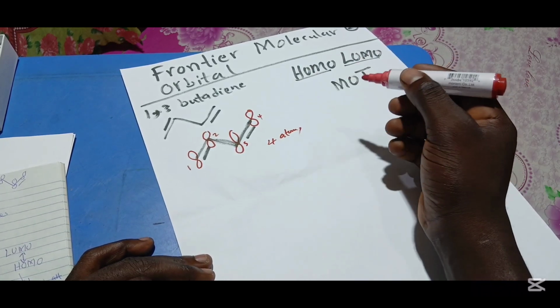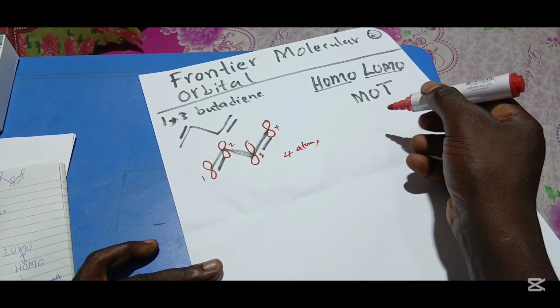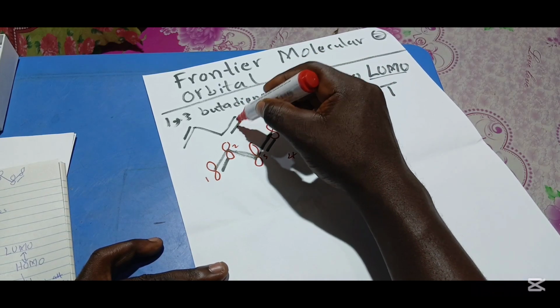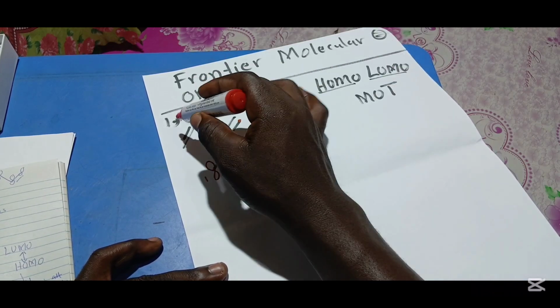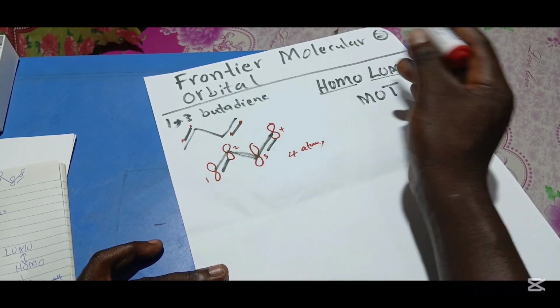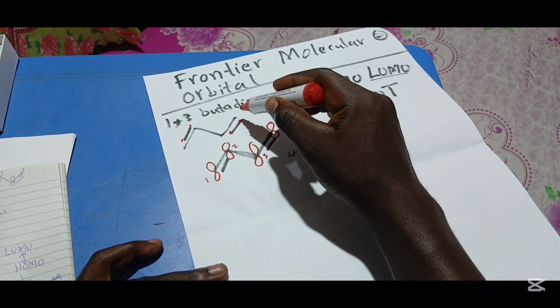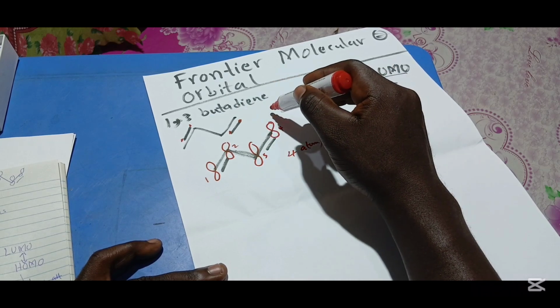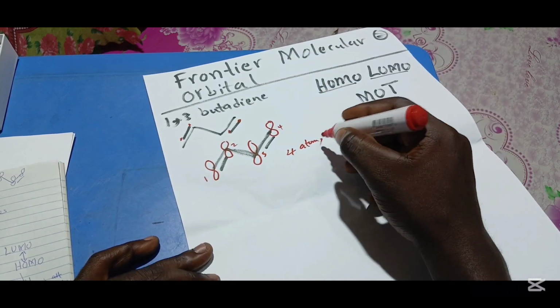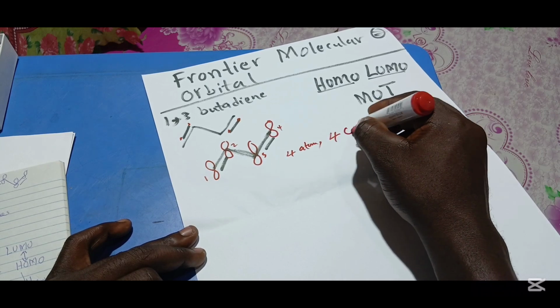How many electrons do we have? In detecting your electrons, just look at where the double bonds are. For each double bond, we have one electron here, one electron here, so at the end of the day, we have 4 electrons. If we had another double bond, we would take 2 electrons from there. So 4 atoms, 4 electrons.